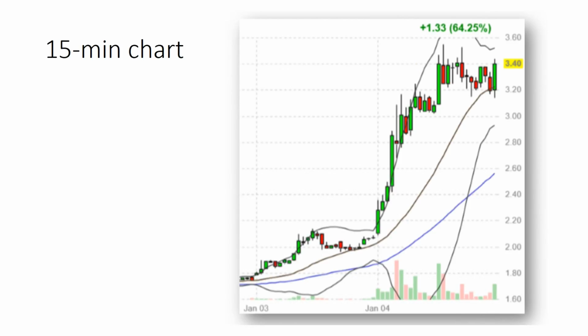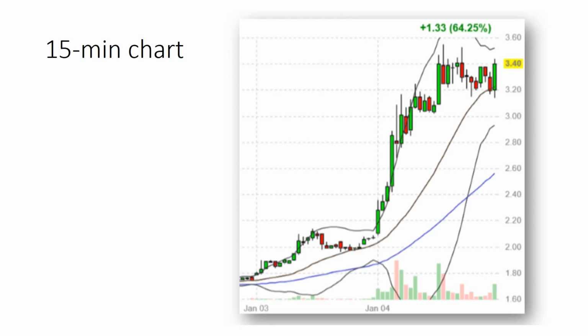So if you zoom in to the 15-minute chart, that would be like zooming in on a microscope 26 times, because there's 26 times more candles on the 15-minute chart than there is on a daily chart, because there's 26 15-minute intervals in one day.